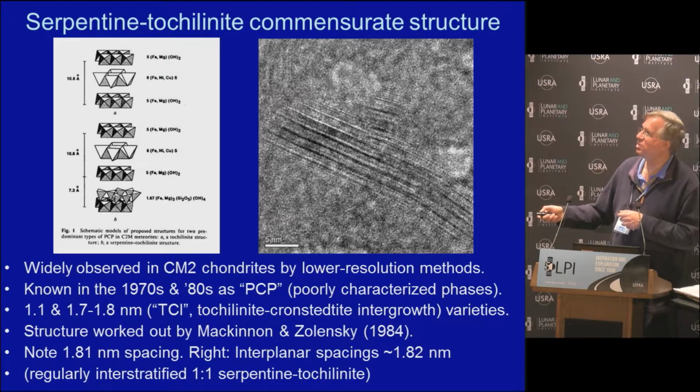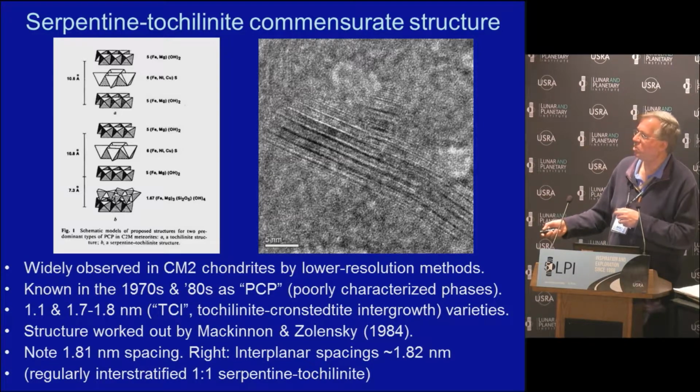And that is this layered magnesium, iron, nickel hydroxide sulfide mineral called tochilinite, which can occur as a discrete mineral, or it can occur in a regular one-to-one interstratification with a serpentine group mineral. The older literature referred to these tochilinite-bearing materials as poorly characterized phases.